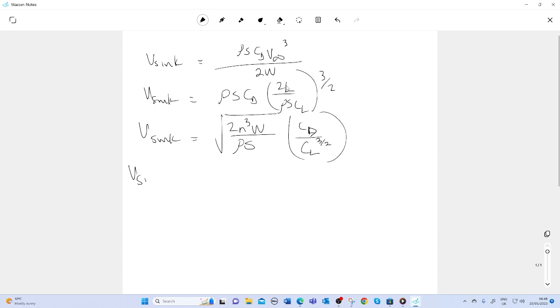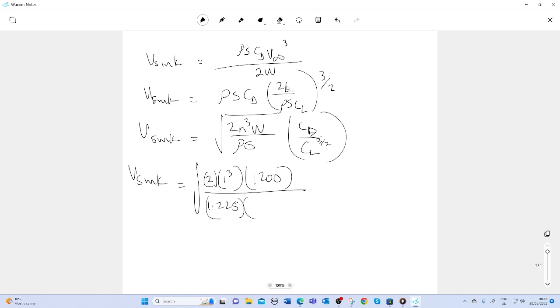So therefore, our V sink becomes the root of 2 into 1 cubed, multiplied by 1,200, over 1.225, which is the density at sea level, multiplied by the wing area, 12, all into square root, to bracket the CD calculated, 0.0213 over 0.5, the quotient of CL, to the 3 over 2.